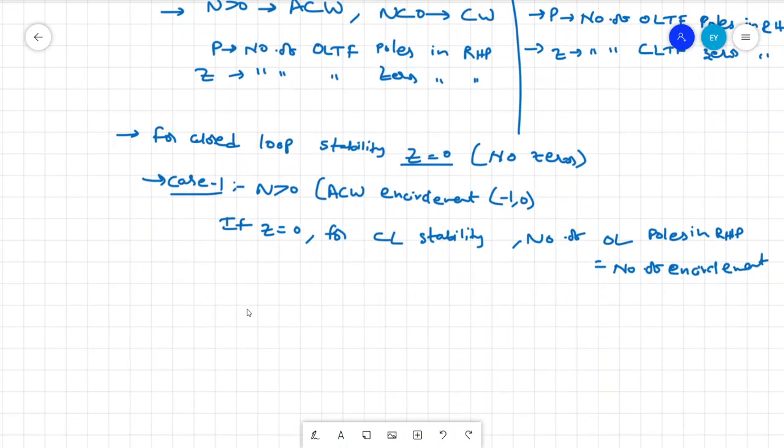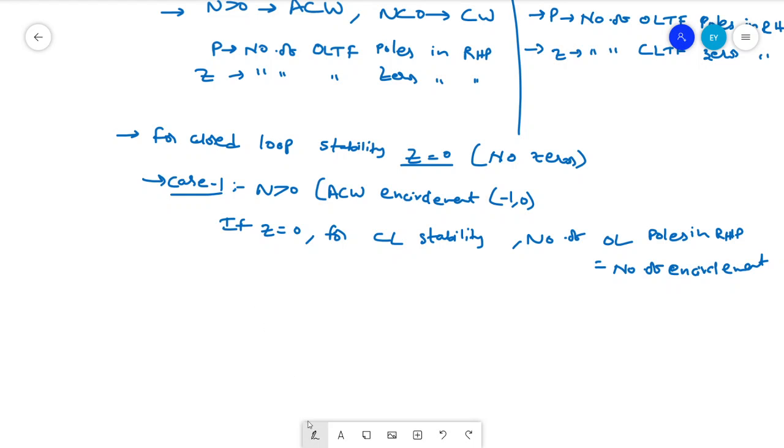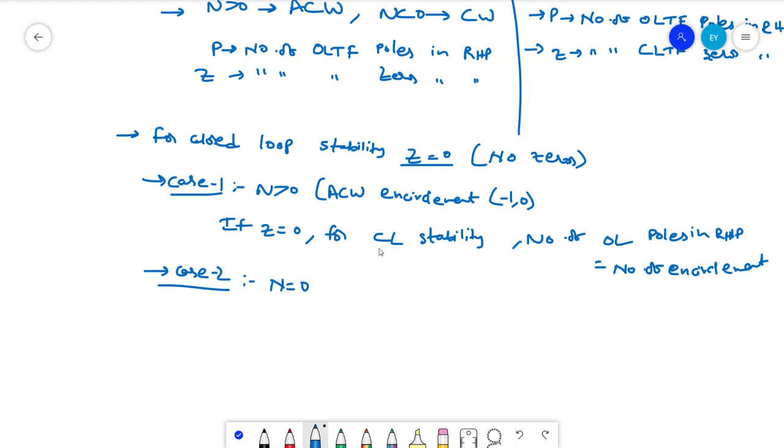And in case 2, if n is equal to 0, here in case 1 n was greater than 0. Now in case 2, if n is equal to 0, in this case there is no encirclement of the minus 1 comma 0 point, because n equal to 0 means the number of poles and the number of zeros will be equal, right?